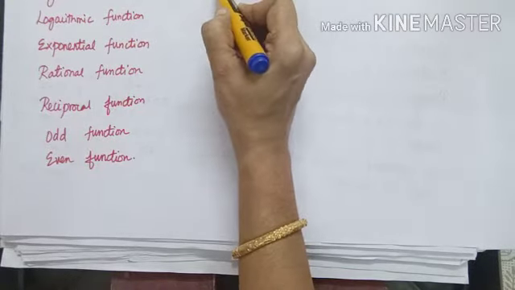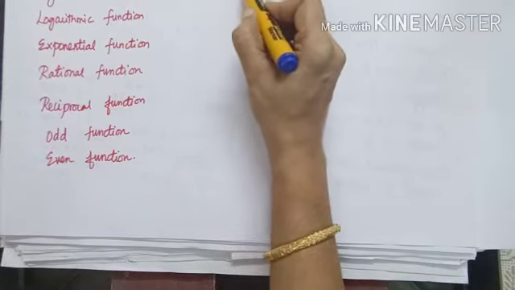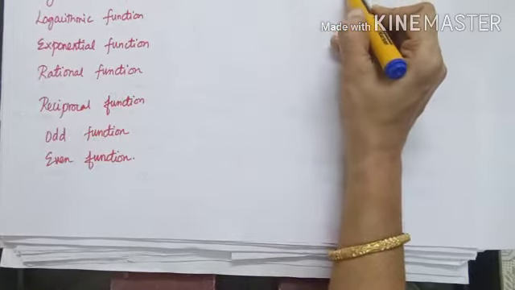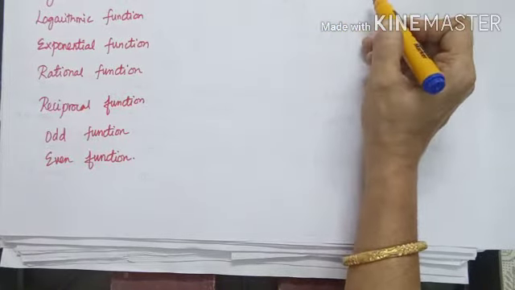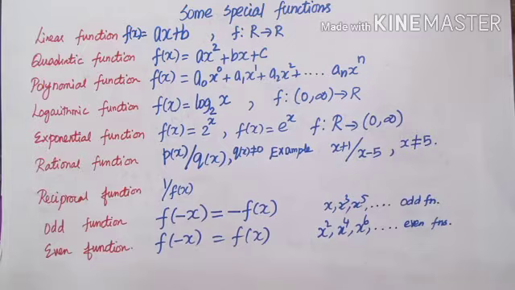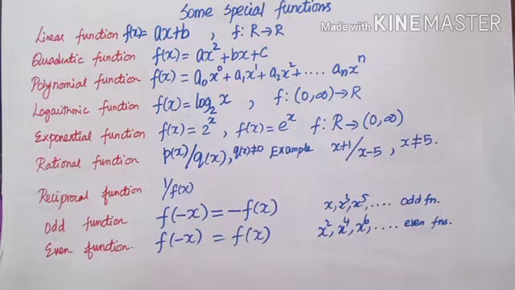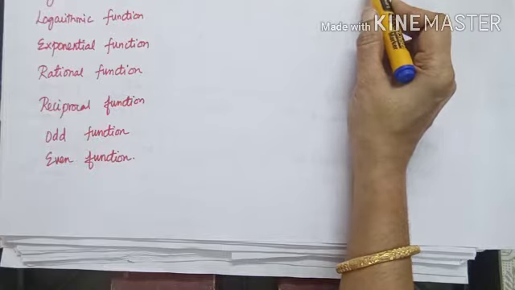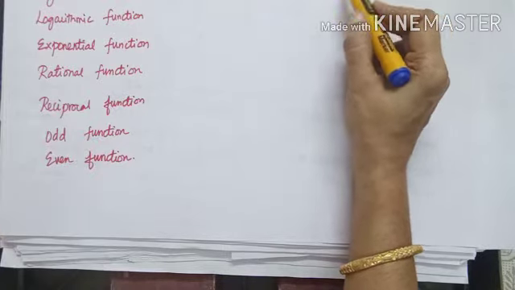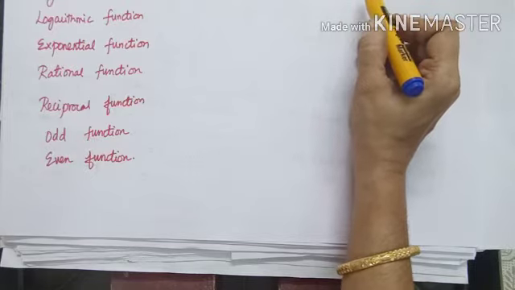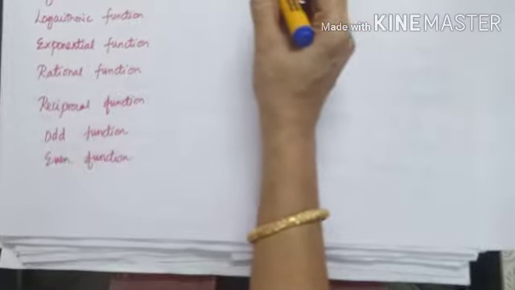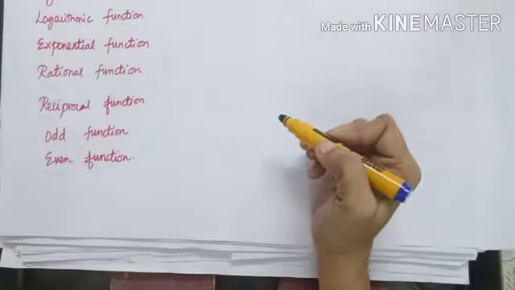See, a0 x power 0, a1 x power 1, a2 x power 2 and so on, an x power n. So this is a polynomial of power n. So the degree is n when an is not equal to 0. So here also I can say they are all functions from R to R. R stands for real numbers. Real numbers to real numbers.